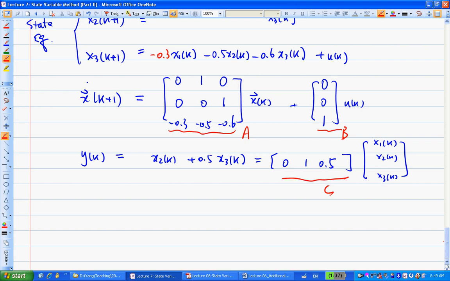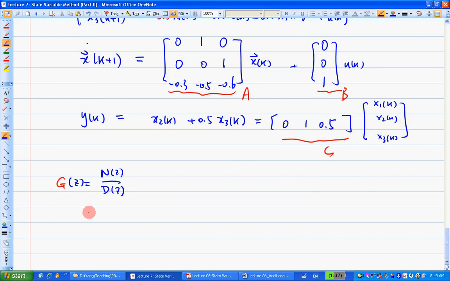I'm thinking about s here. If you have this one here, I'll give you the conclusion first. When the degree of this n is less than or equal to the degree of this d, this is the so-called proper transfer function, the proper system.